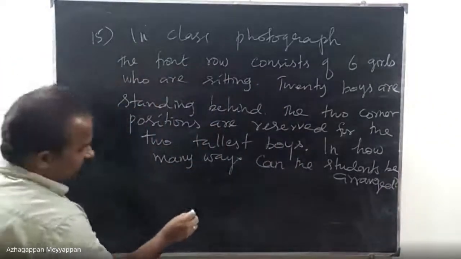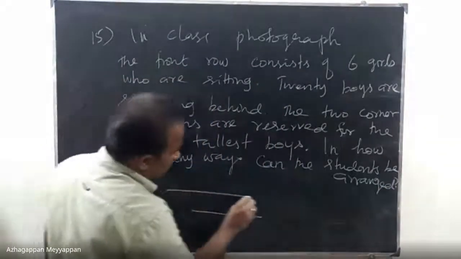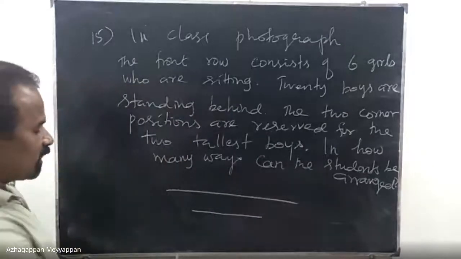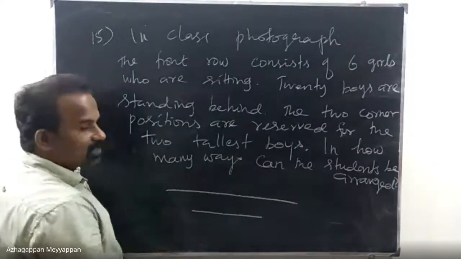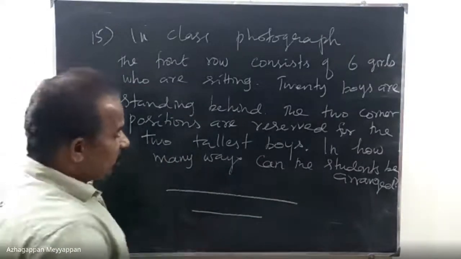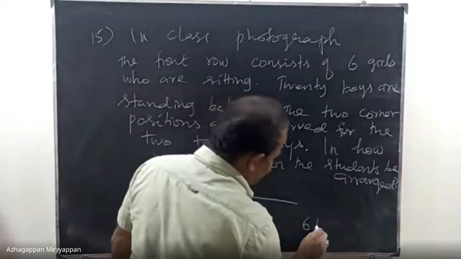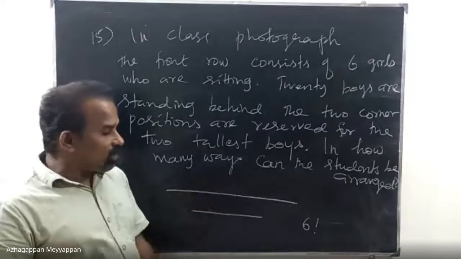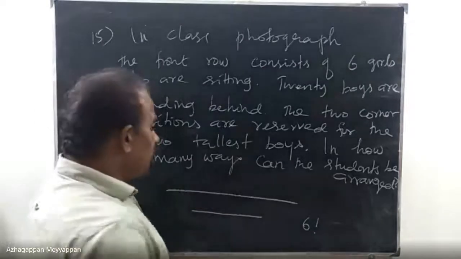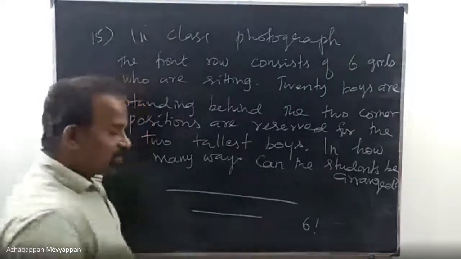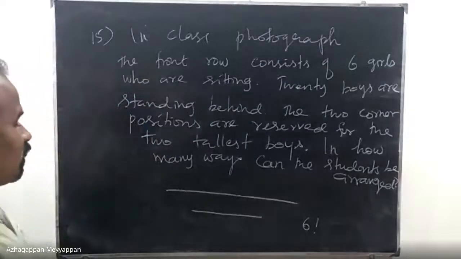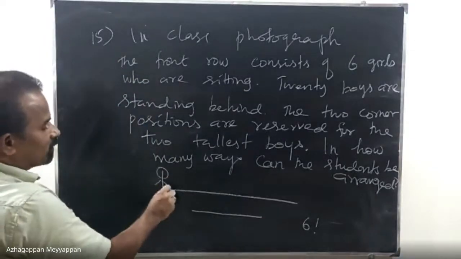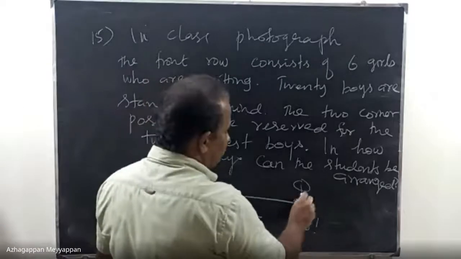The thing is, this is front row, this is back row. Here there are 6 girls who are sitting here. Therefore, this is 6 factorial ways. Behind this row, this is a second row. Here there are 20 persons. The 2 corners, here is one tall person, here is one tall person.